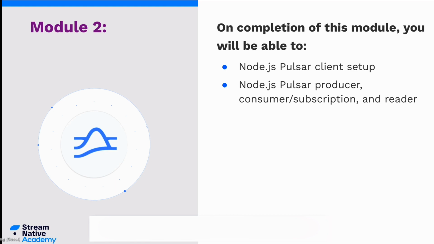The second is the three APIs of Pulsar: producer, consumer, and reader. What properties do you need to set up? How do you create, for example, batching and end-to-end encryption? How do you set it up? It's pretty easy.